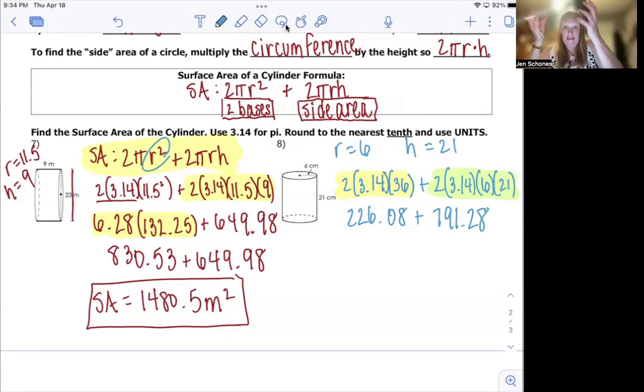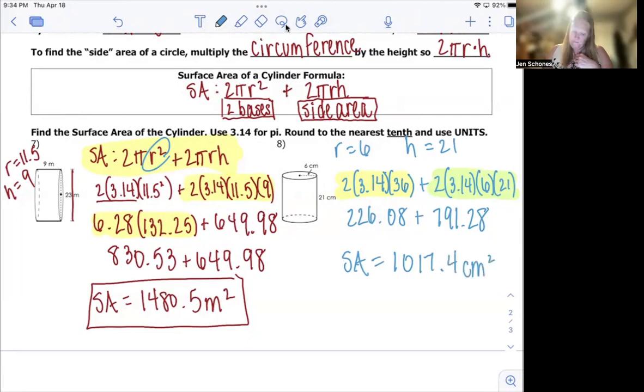So I'm adding the area of the sides to the area of the two bases. 226.08. All right. So the surface area is 1,017.36 centimeters squared. Oh my goodness.